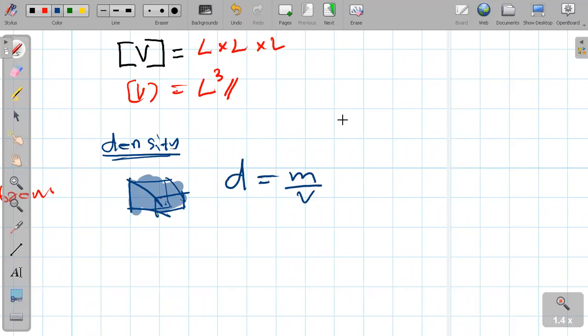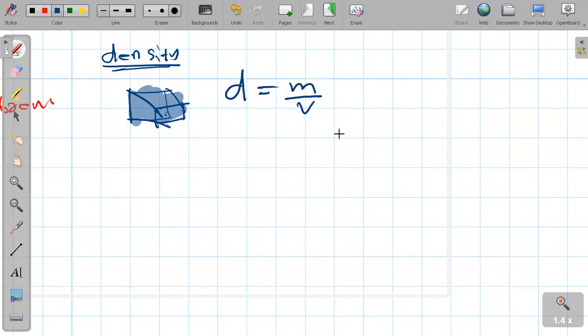Now, right, fine. Twenty seconds more. This is capital M for mass, and volume I just found, L to the power 3.